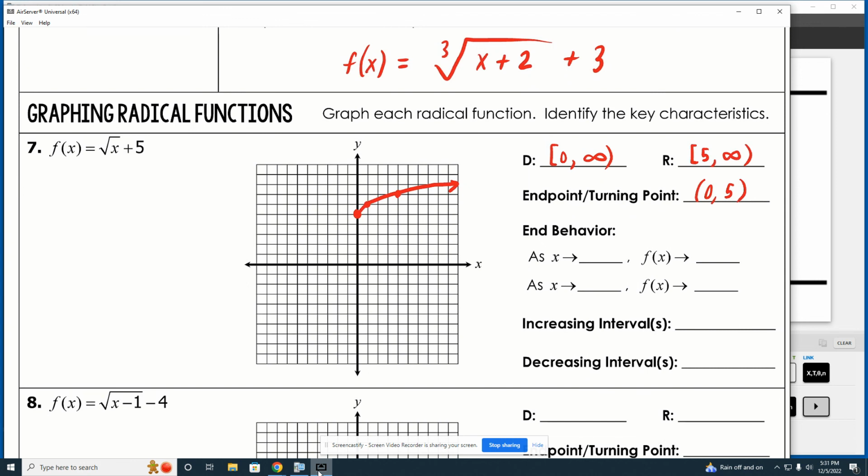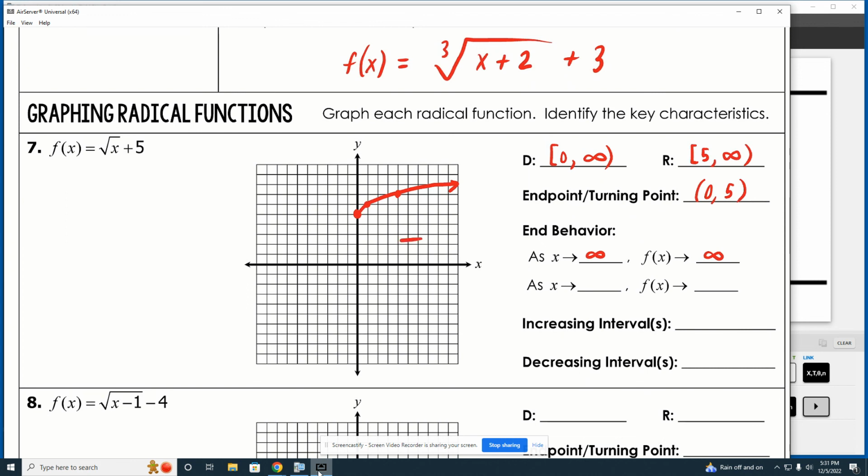Okay, so let's talk about end behavior. Y'all know this. As x approaches infinity. So look, guys, as x goes off to the right, what is y doing? It's going up. So as x approaches infinity, y also approaches infinity. So that's really simple. Y'all have done this, and y'all did pretty good on this. Now look at this.